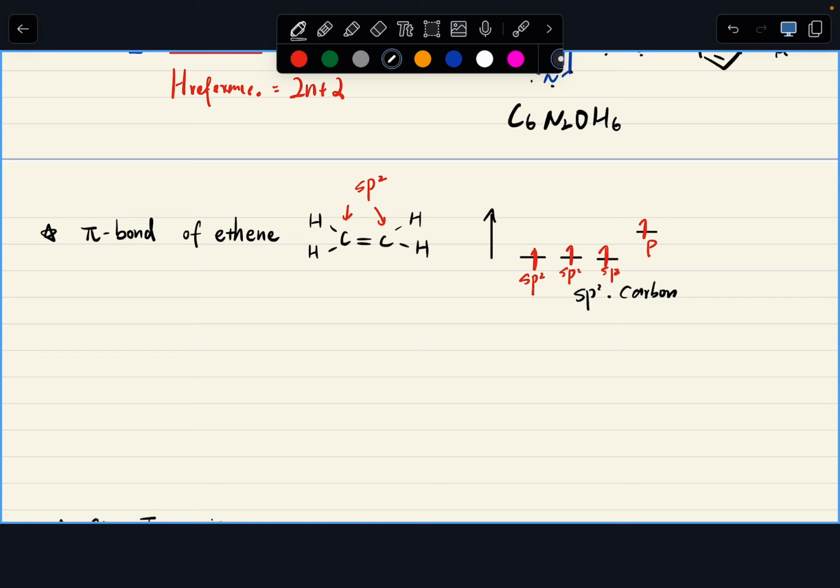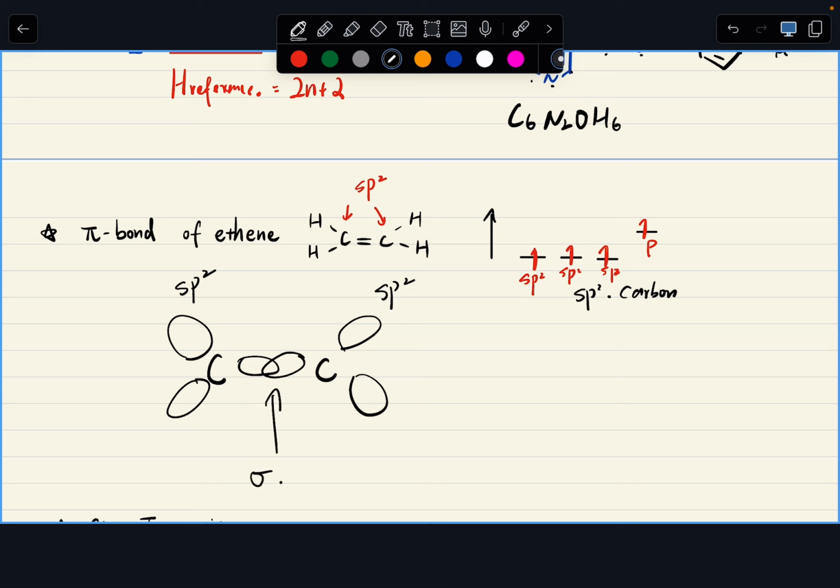Right, so if we sketch the bonding of my ethene, it looks like this. So you have your sp2 atomic orbital of your carbon, and likewise you have your sp2 atomic orbital of your carbon. Right, so the sp2 makes a single bond between your carbon-carbon, and also the single bond between your carbon and hydrogen.